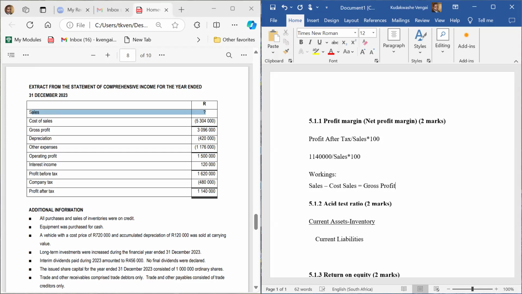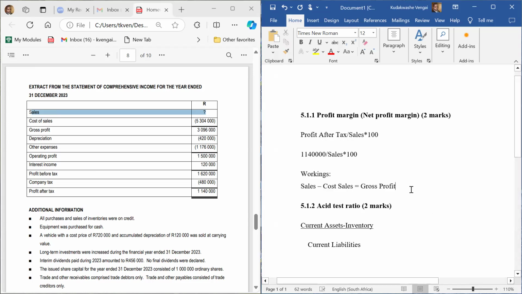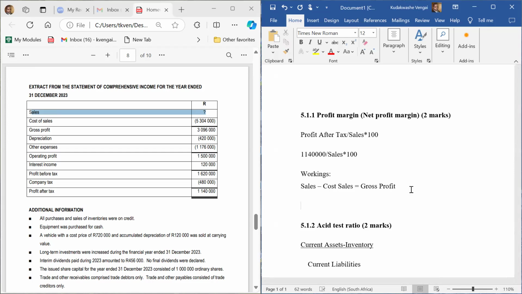So if I get gross profit from that, I can use algebra to solve for this. This is an equation. So sales minus 5,304,000 is equal to 3,096,000, and then solve for sales. So sales is equal to 3,096,000 plus 5,304,000.